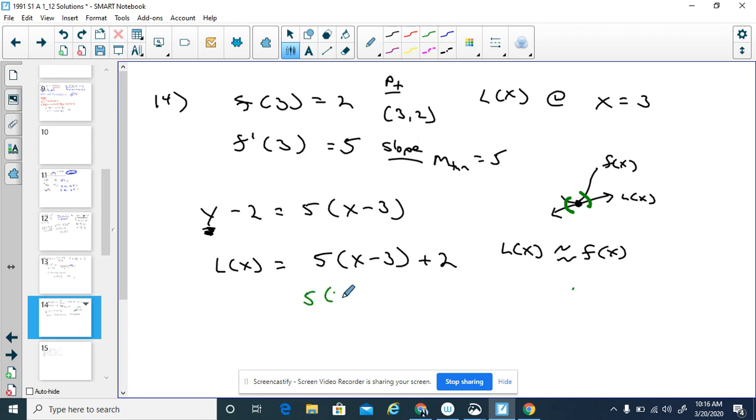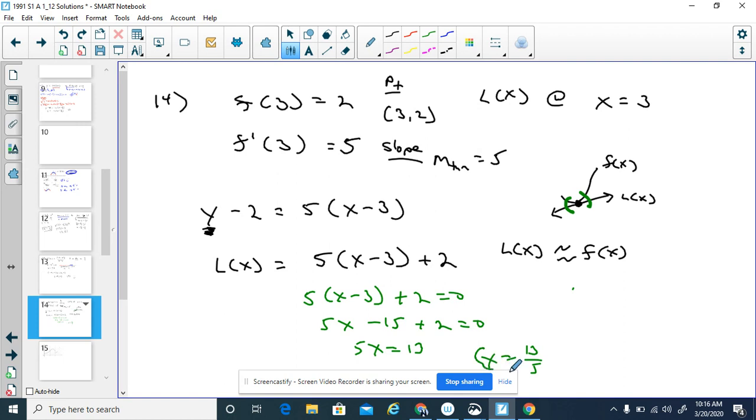So basically, I'm going to set this function, L of x, equal to 0 and solve however we want to solve it. So maybe I'll distribute: 5x minus 15 plus 2 equals 0. That's negative 13, add it over, 5x equals positive 13. x equals 13 over 5.